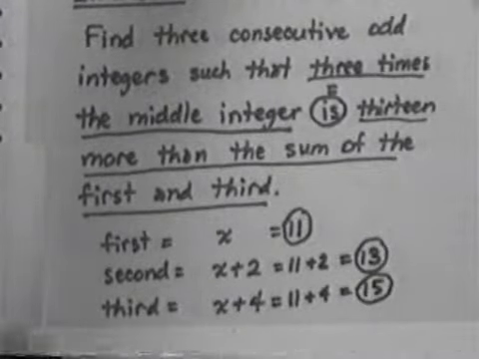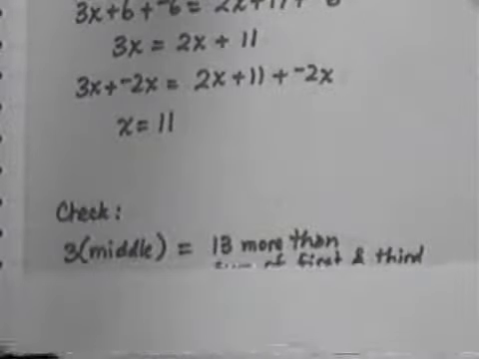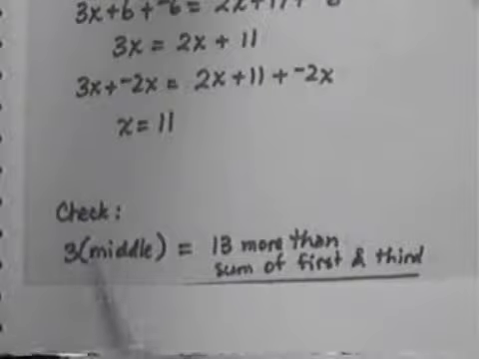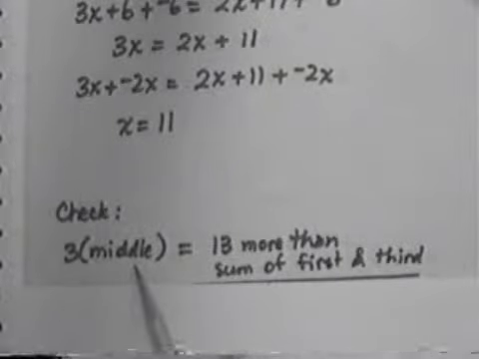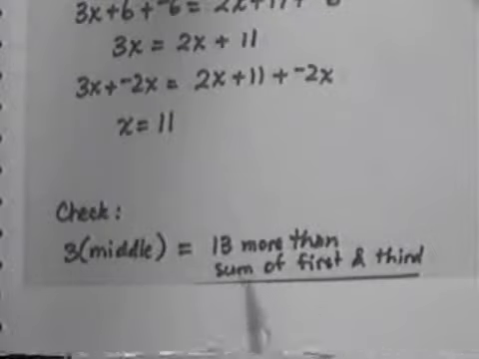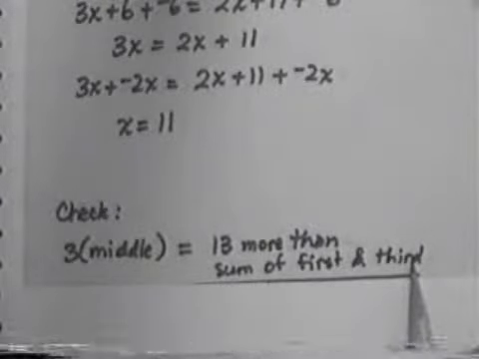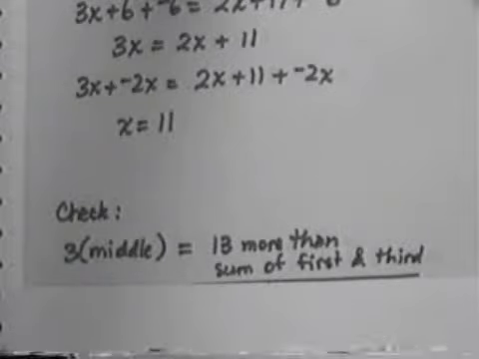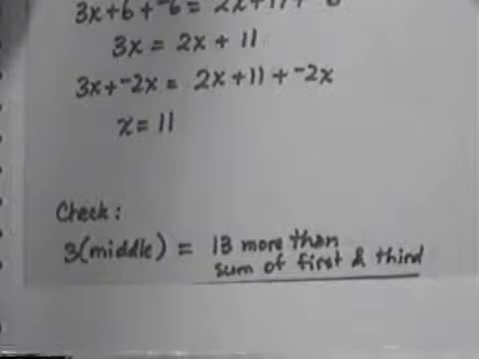So let's go to our check format, and I have rewritten this as 3 times the middle is equal to 13 more than sum of first and third.